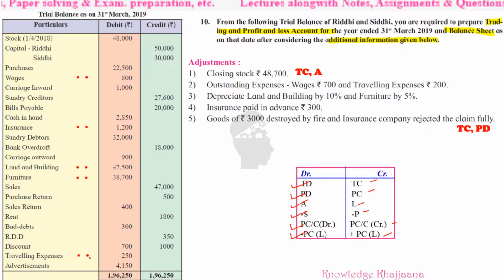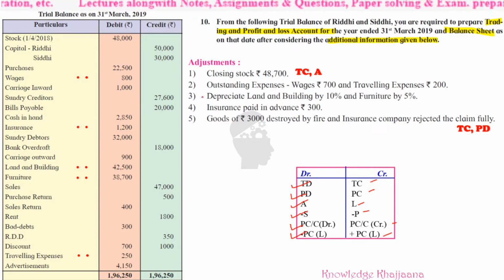And one marking against recording it to the balance sheet liability side. See, these wages and travel expenses items are here in the particulars, that's why I haven't written over here where they should be recorded. But for the closing stock, there is no item against which we can mark, so I have written where it should be recorded over here.